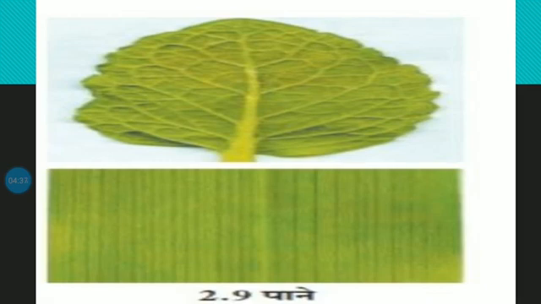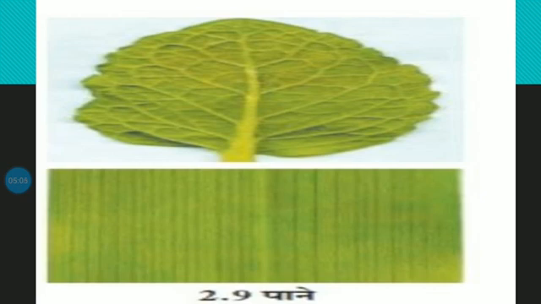Okay, because of that mid vein the peepal leaf is divided into two equal parts, a mid vein which lies along the midline of the leaf blade. Secondary veins arise from the mid vein. They are branched and form a network or reticulum.